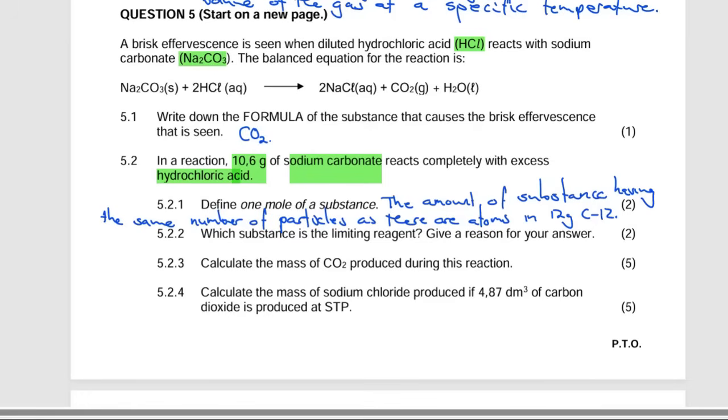That's how we define a mole of a substance. Then 5.2 asks us which substance is the limiting reagent.